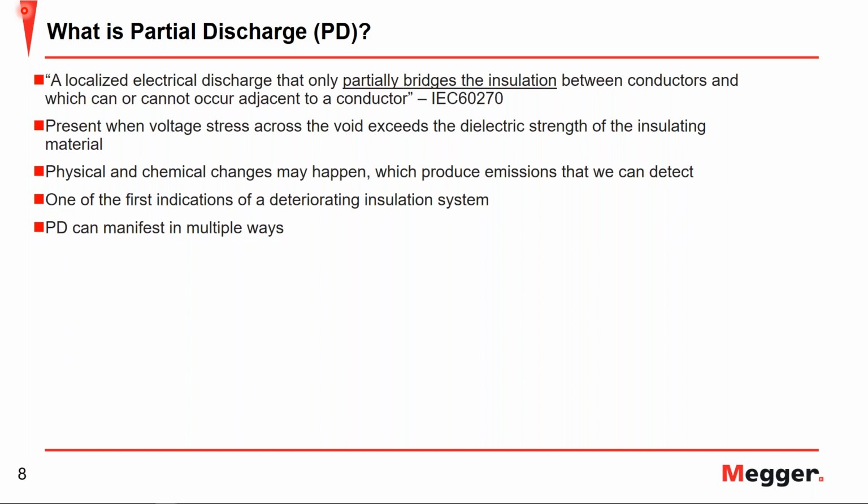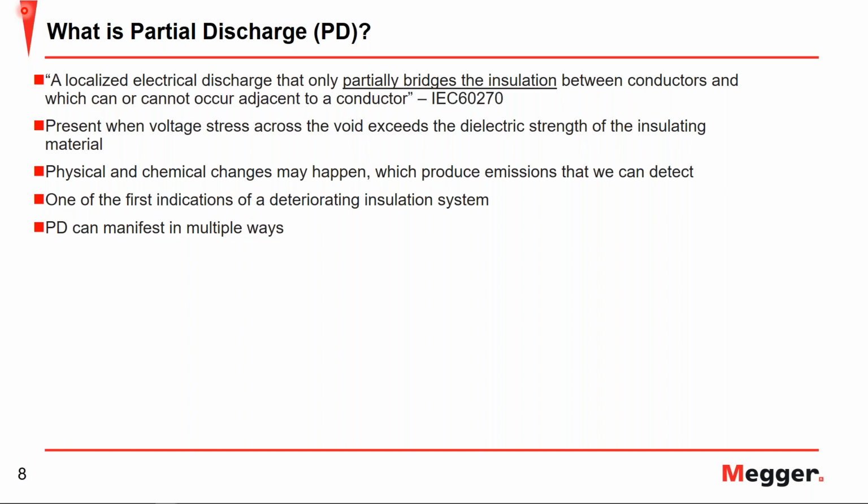Now, partial discharges are typically present when the voltage stress across an insulation medium, and it doesn't have to be a void, exceeds the dielectric strength of that insulating material. Whenever partial discharge happens, there are chemical and physical changes that take place, and these produce emissions that we can detect.